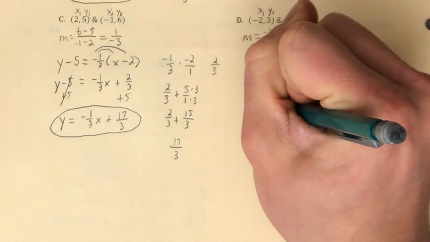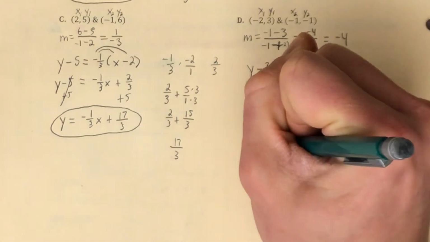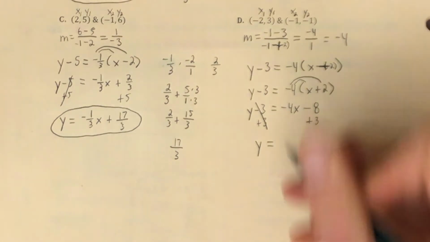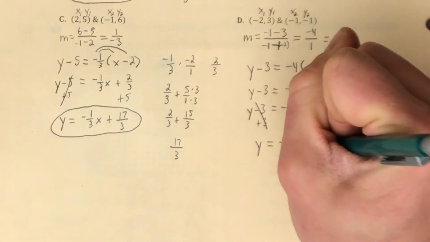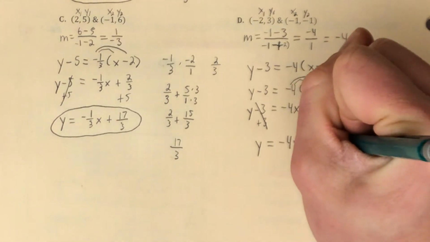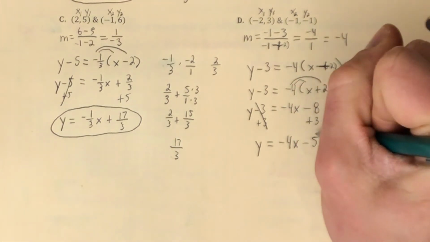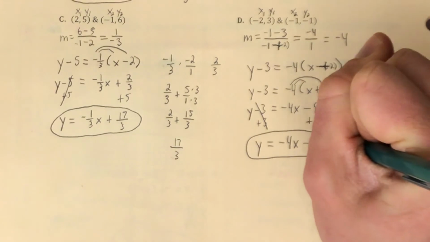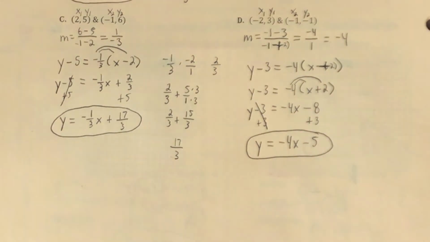So -3 and +3, they cancel, and I'm left with y equals -4x is not affected, and then -8 plus 3 is -5. So my final answer, y equals -4x minus 5.